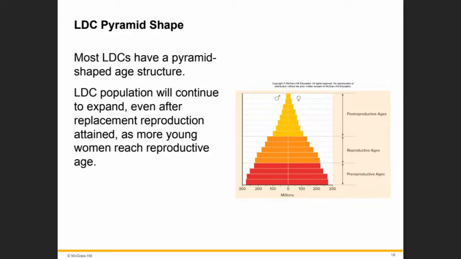The age structure diagram is like a pyramid shape. The population will continue to expand even after replacement reproduction is attained, as more younger people reach reproductive age.